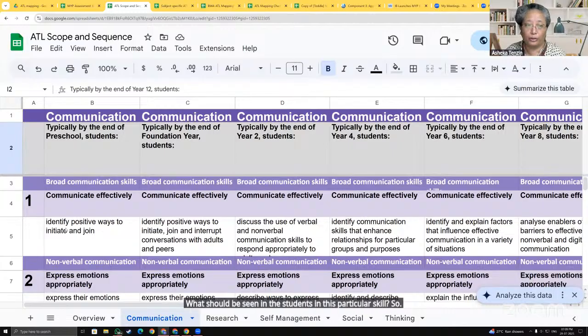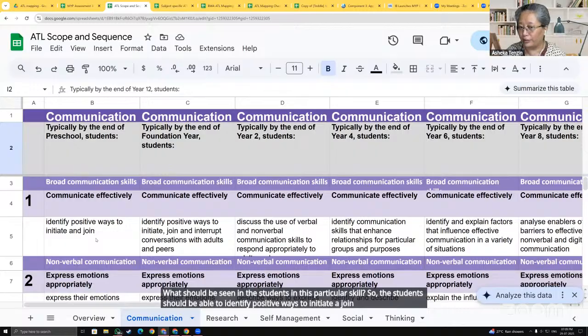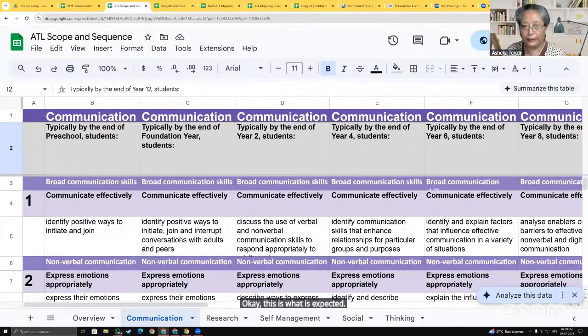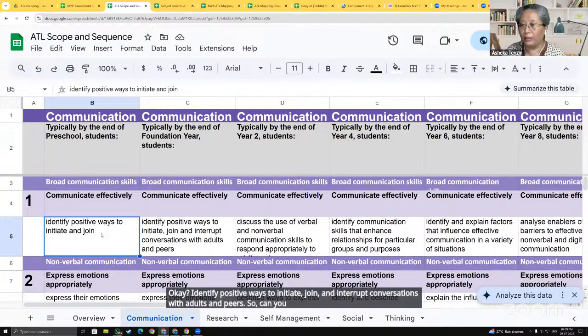The student should be able to identify positive ways to initiate or join a conversation. This is what is expected. Then when they come to foundation, identify positive ways to initiate, join, and interrupt conversations with adults and peers. Can you see how there is a progression in the skill?